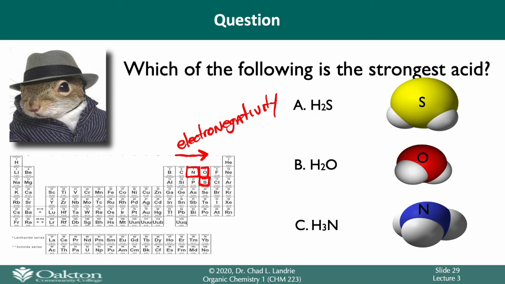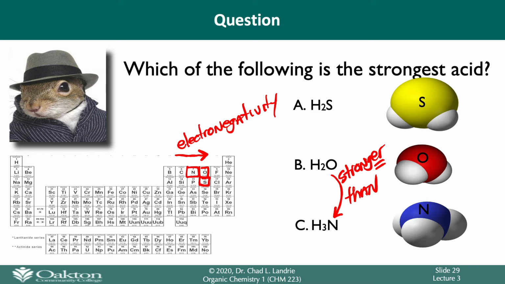The more stable the conjugate base, the stronger the acid. So water is a stronger acid than ammonia using the electronegativity principle. We're not saying strong, we're saying stronger than something else.